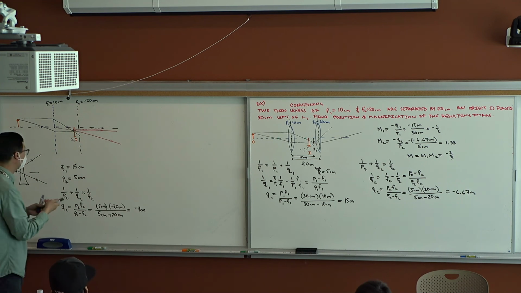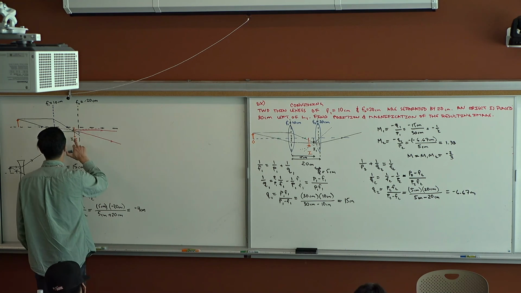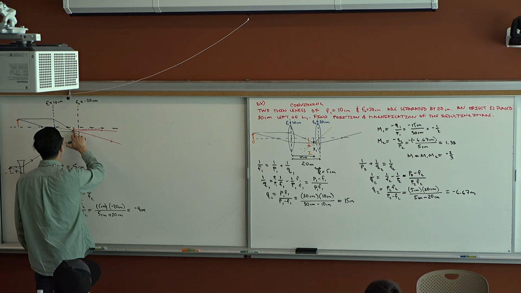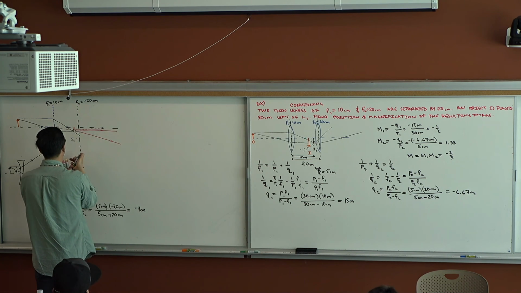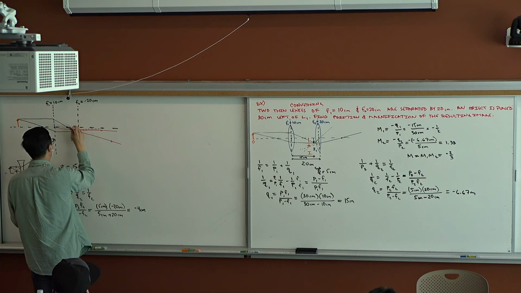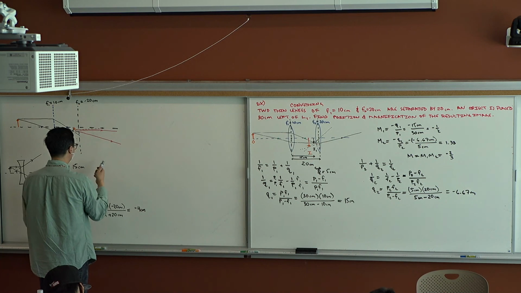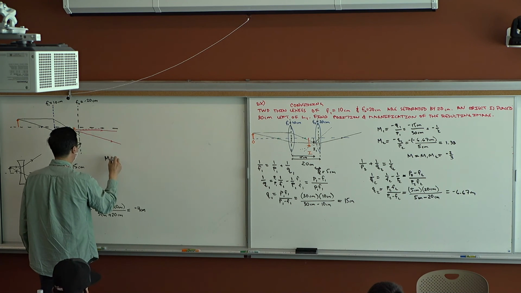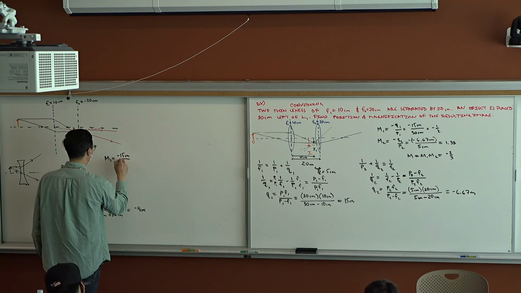Oh, but that's got to be tiny, it's got to be like that. So M1 is minus 15 centimeters over 30 centimeters, which is minus half.